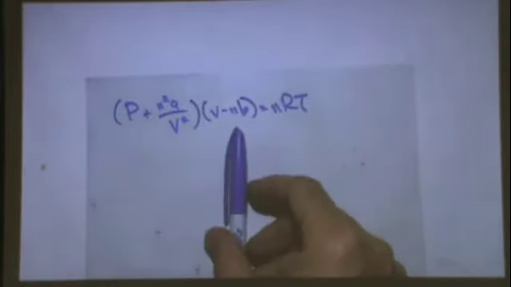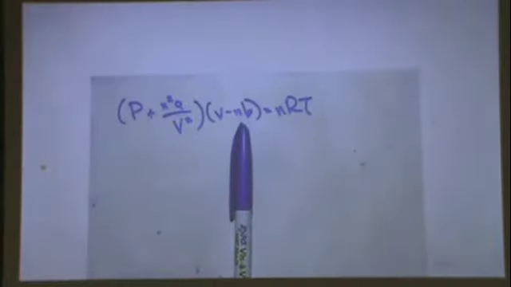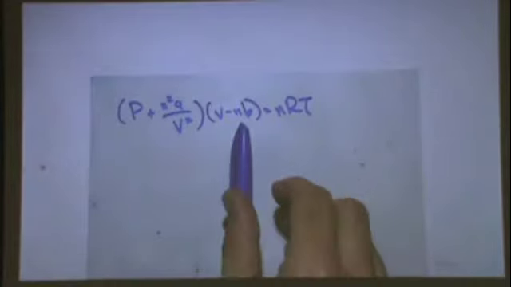One type of thing I could ask you is a conceptual question, which means, for example, what does this nb term mean? That nb is a volume correction term. One reason you might have a volume correction, this is all on page 50, is the assumption that molecules are tiny does not hold. So molecules actually take up volume.